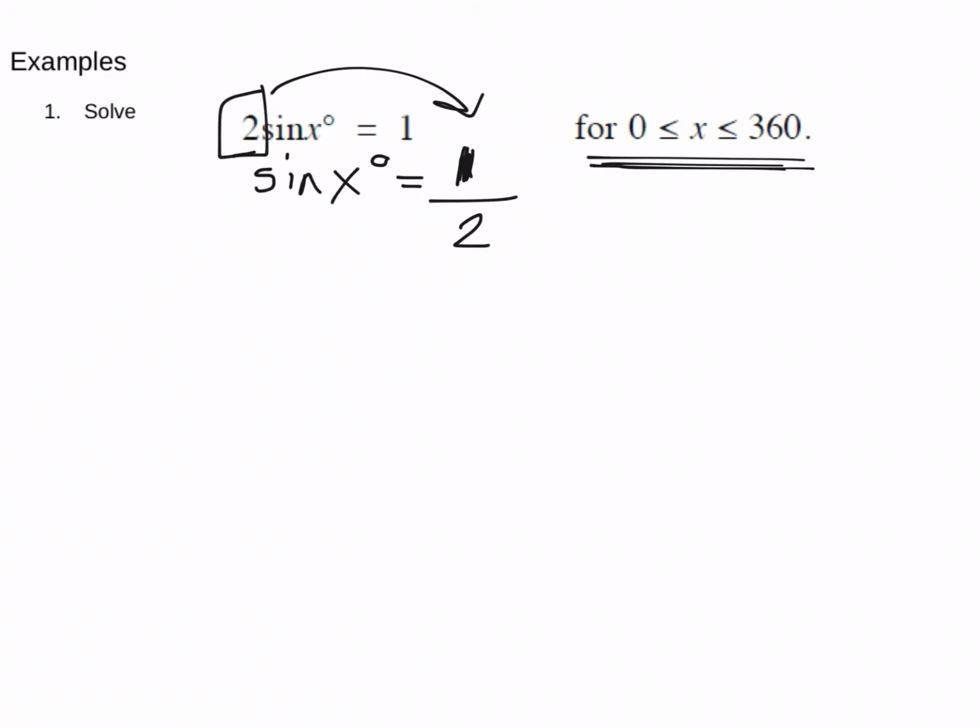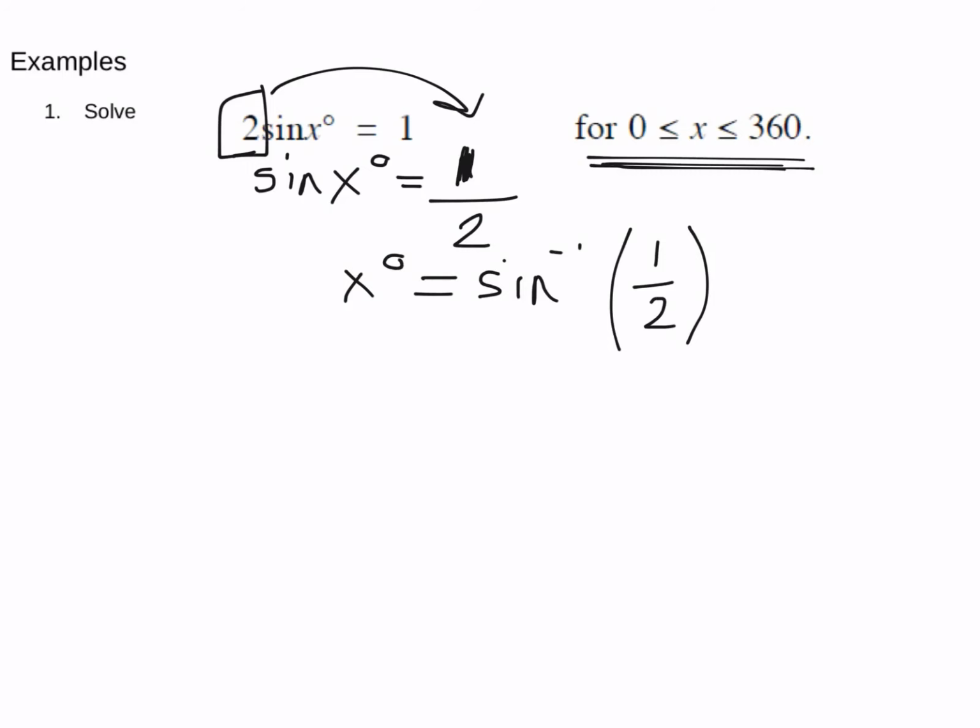Right, to get our first solution, okay, we want to get rid of that sin x bit now. To get rid of the sin x, you do the inverse sine. On your calculator, it comes up as a wee inverse sine, okay. You might have to use brackets. This is where you really need to use your own calculator, work out how it works, okay.